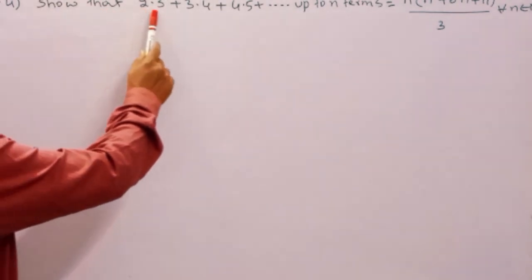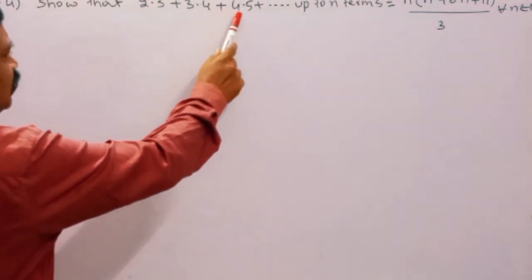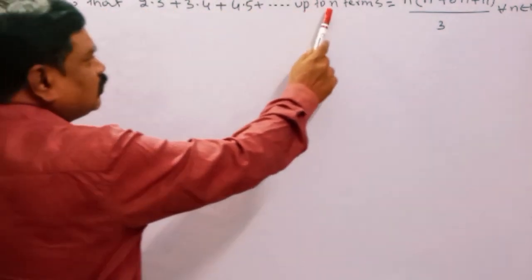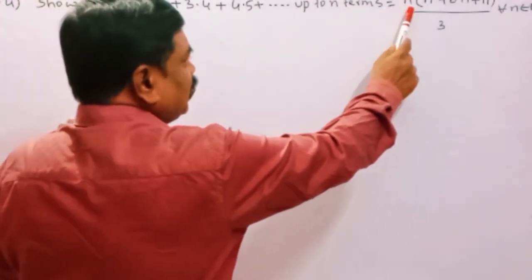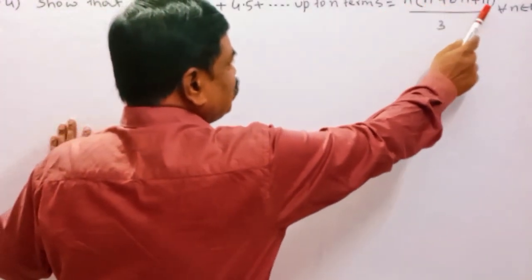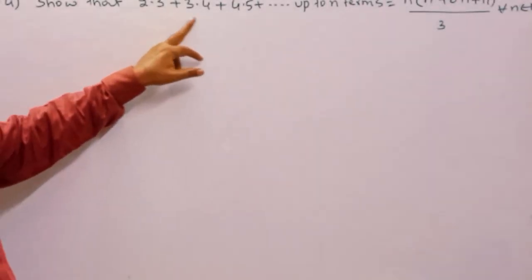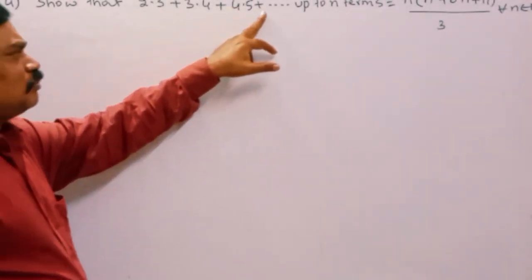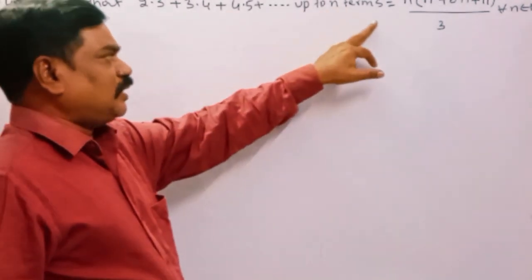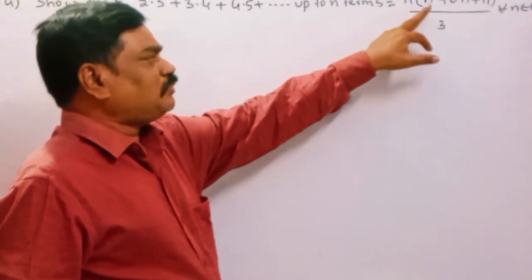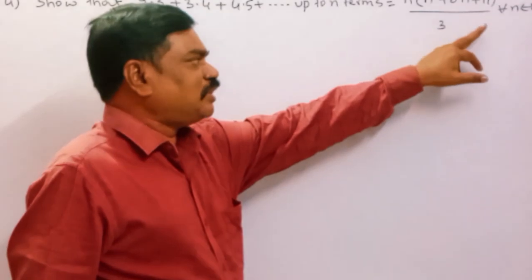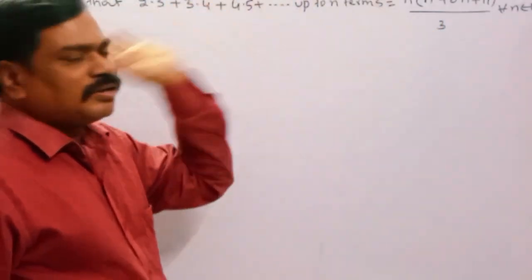Show that 2 into 3 plus 3 into 4 plus 4 into 5 plus so on up to n terms is equal to n into n square plus 6n plus 11 by 3, for all n belongs to N.